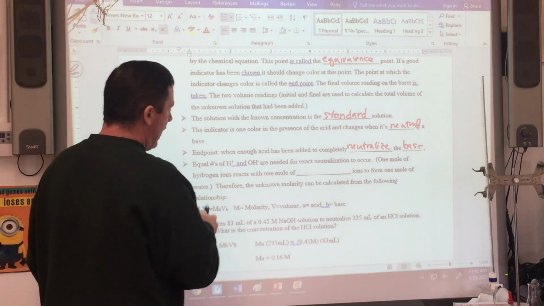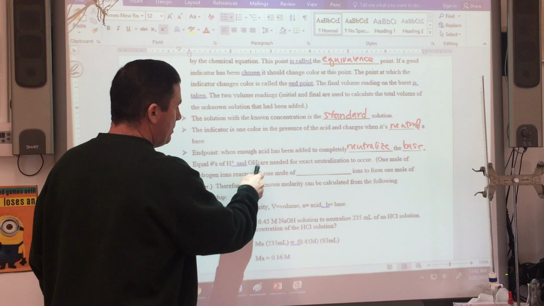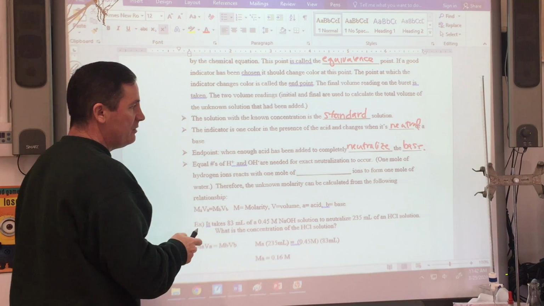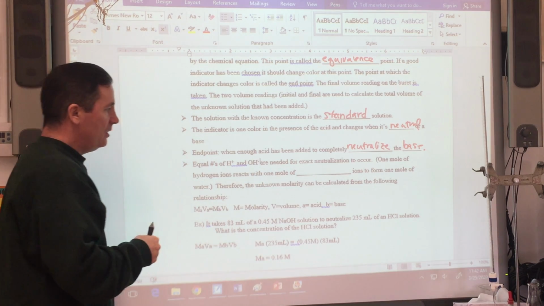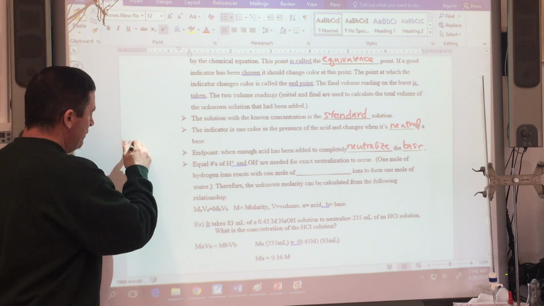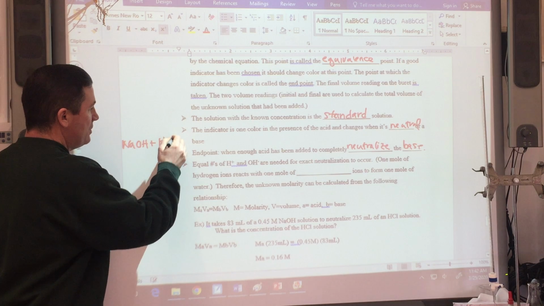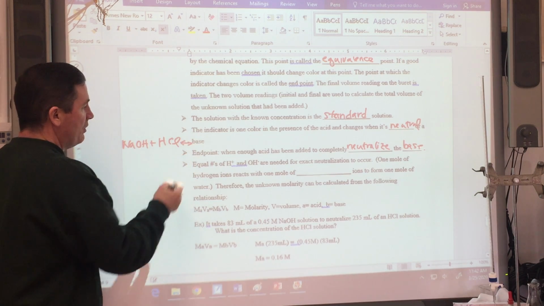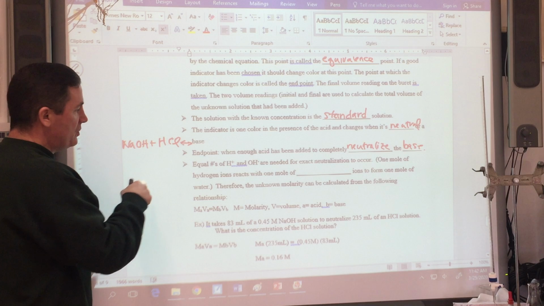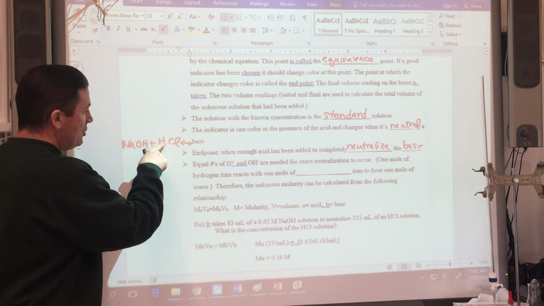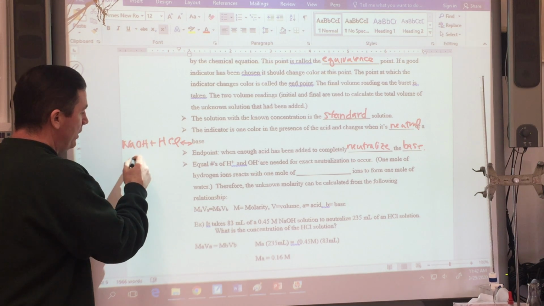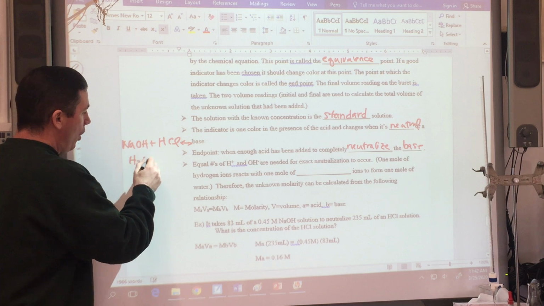So, equal numbers of hydrogen, H+, and OH- hydroxide ions are needed for exact neutralization. Okay? So, for example, if I have sodium hydroxide, I can neutralize it with hydrochloric acid. This is reversible, but in a neutralization reaction, for every hydrogen that I have, it's going to combine with hydroxide to make water.